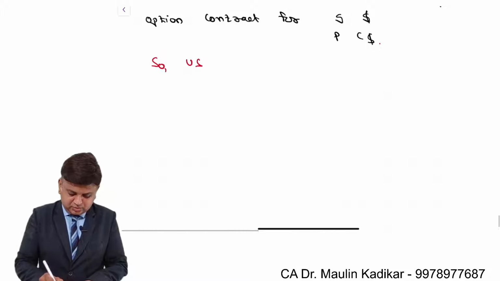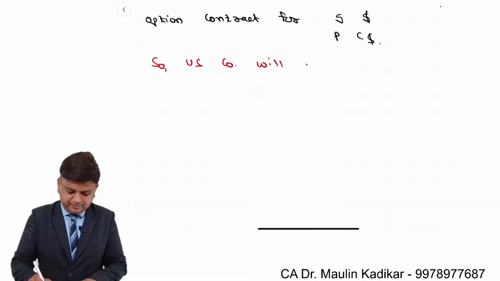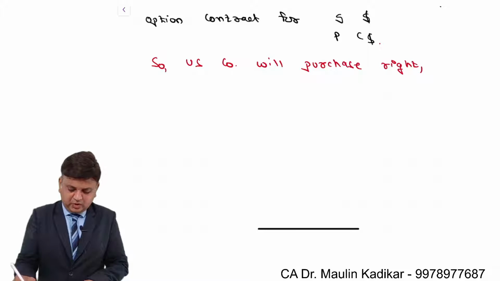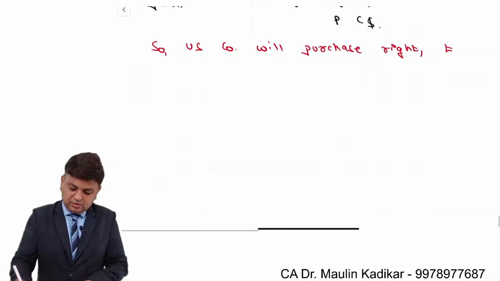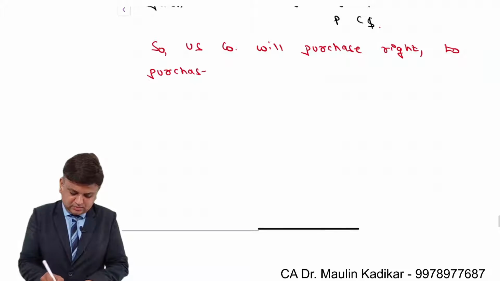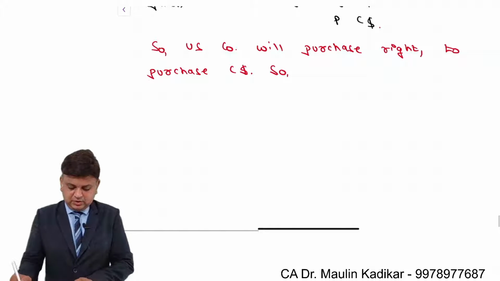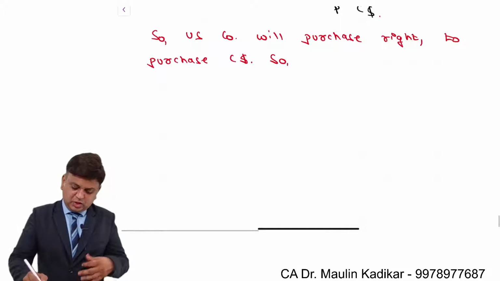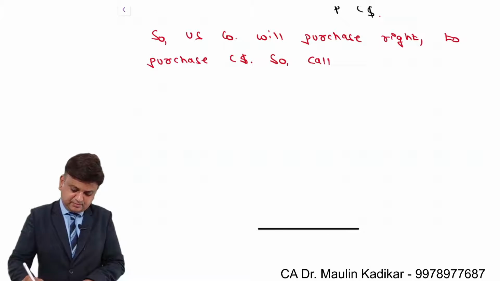So US company will purchase the right, comma, to purchase Canadian dollar, full stop. So a call option is purchased.